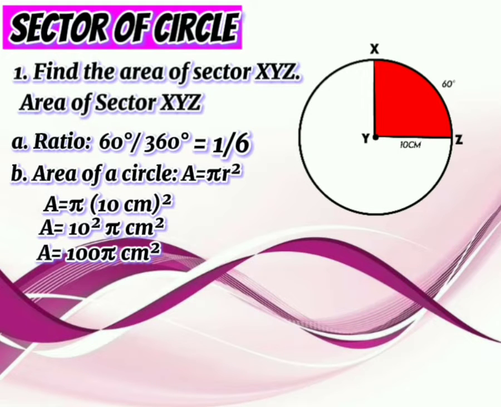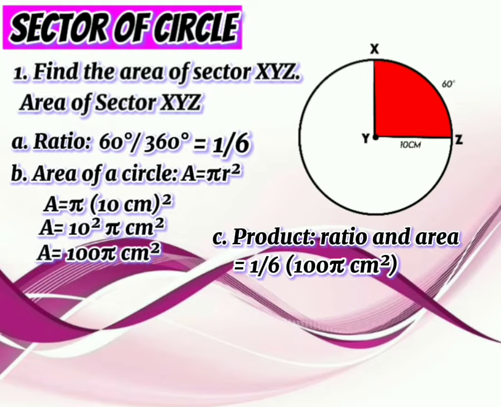Now, we have our ratio and the area of the circle. Now, we are going to get the product. The ratio is 1/6. Let's multiply it by the area of the circle, 100 pi square centimeters. Just multiply 1 times 100 pi square centimeters.